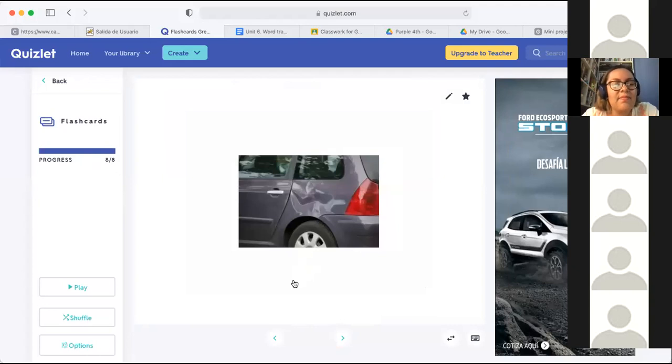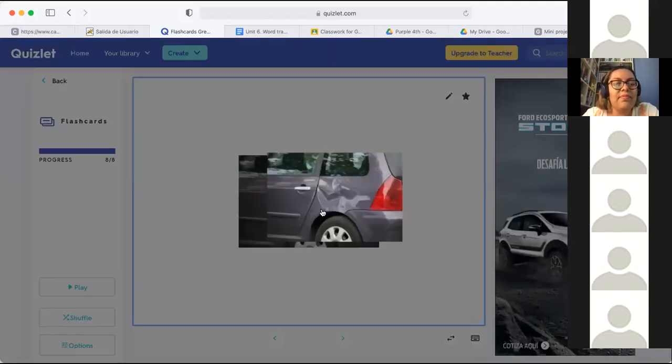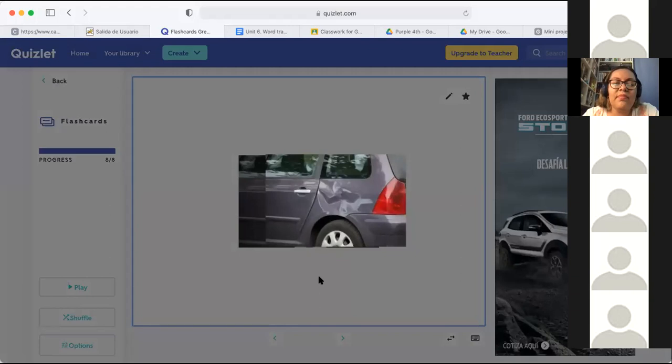What is this? Any idea? What about Spanish?